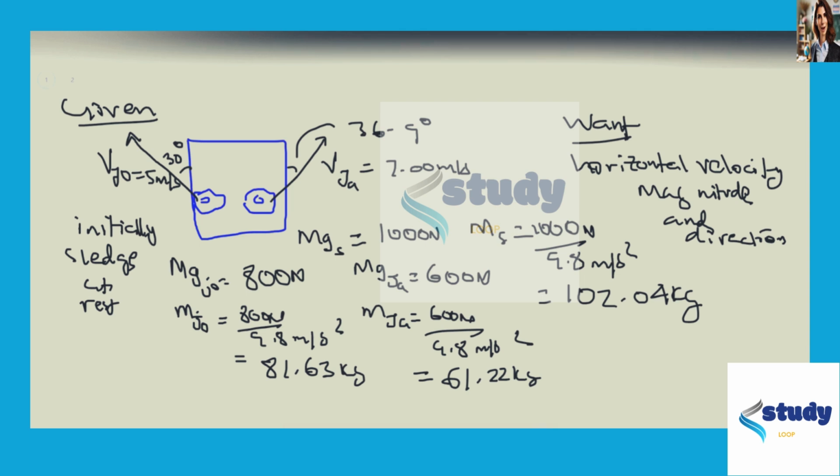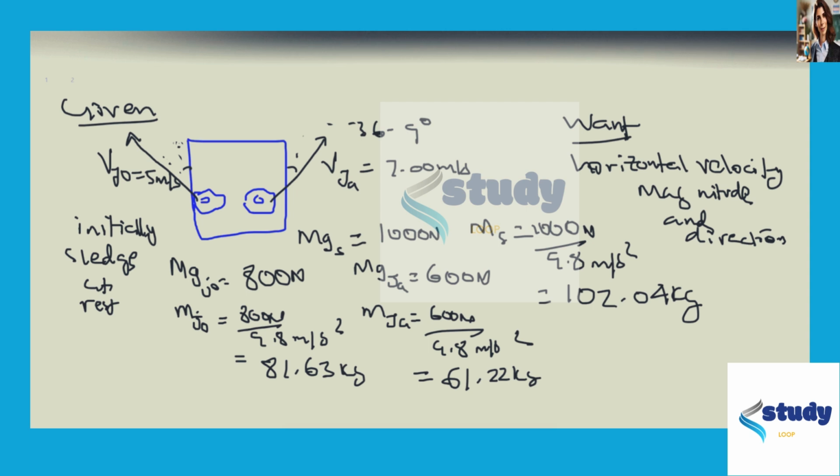So going back, we should change these numbers a little bit. This one is 30 degrees to the horizontal, and this one is 36.9 degrees also to the horizontal. We have to be careful with those angles.